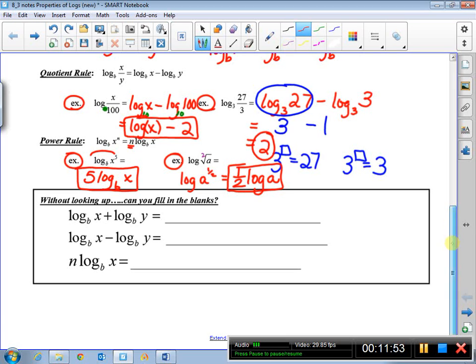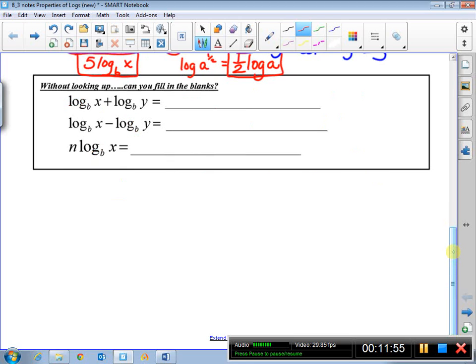Okay? So we have lots more examples, but before we go on, let's see if you can fill in the blanks without looking up. So if I have a log of x plus a log of y, what is that the same as? If you said log of xy, you were right. And it looks like our base is given as b. How about log of x minus the log of y?